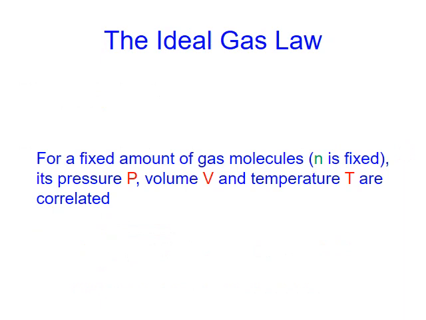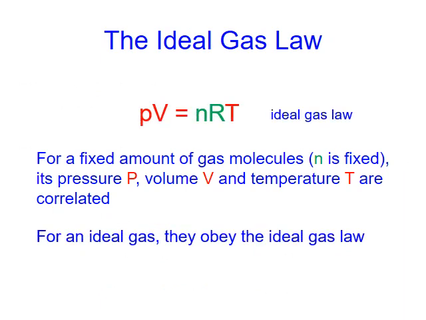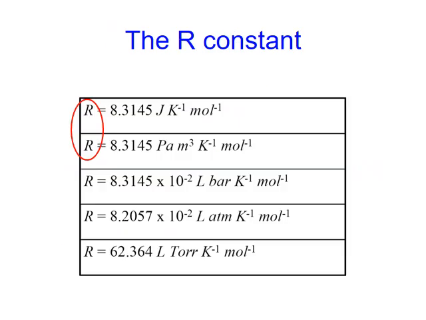The ideal gas law states that the product of pressure P and volume V equals number of moles n times R times T. T is temperature. In this equation, the unit of T is always Kelvin, K. The value of R depends on the units of pressure and volume used in this equation.